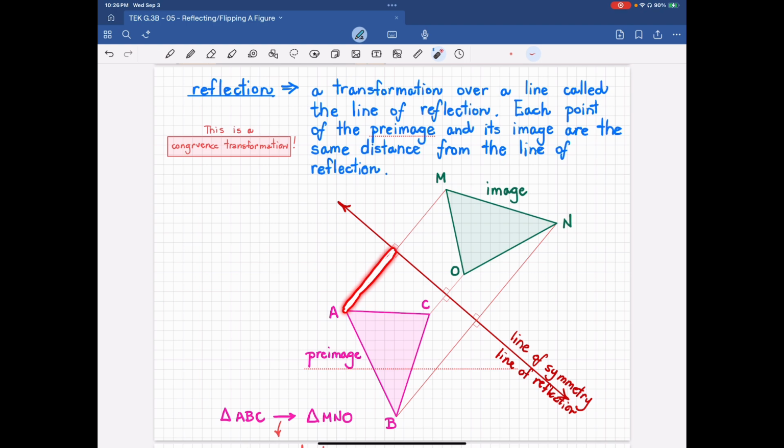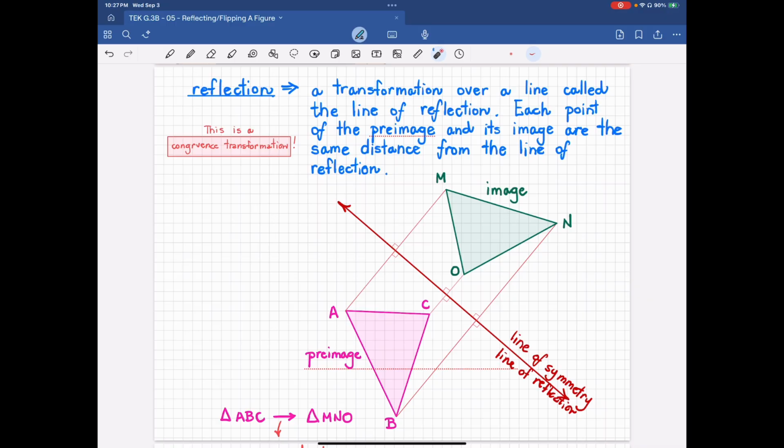I'm going to do that for A, for B, and for C. How do I know it's a perpendicular line? I measure this angle, and it should be equal to 90 degrees. This should be 90 degrees, and this angle should also be 90 degrees.